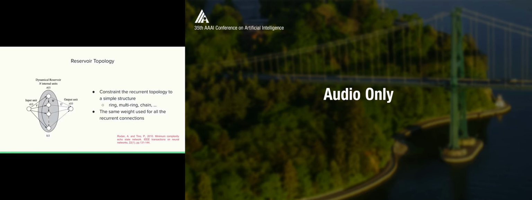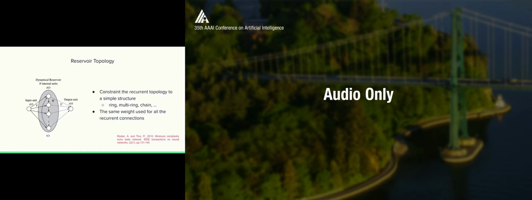Moreover, an extremely simple case is given by a reservoir topology where all the neurons in the reservoir are organized to form a ring, a cycle. Simple cycle reservoirs, or ring or even multi-ring in some cases, have been popularized by a paper indicated in this slide, as you can see depicted in the image.